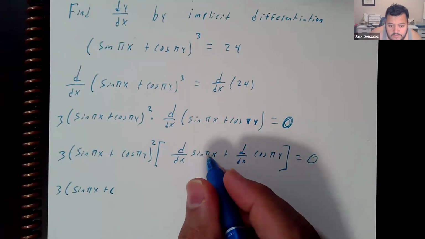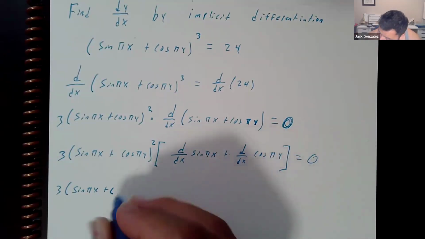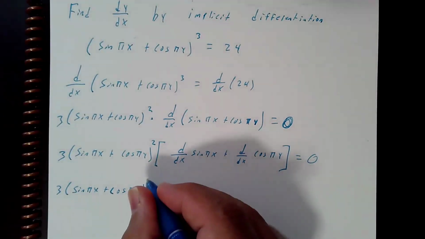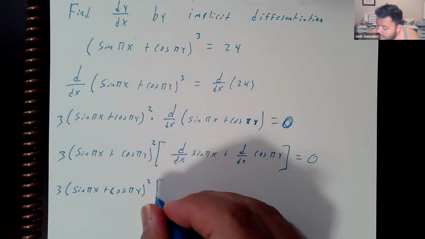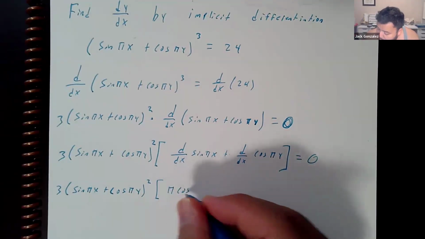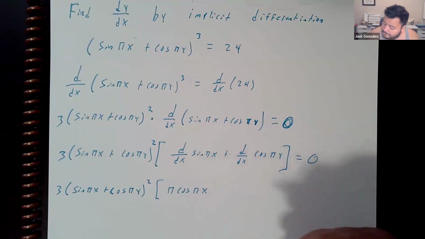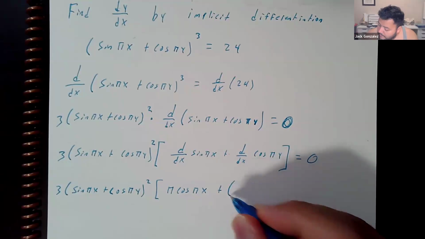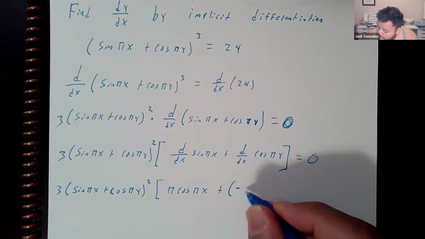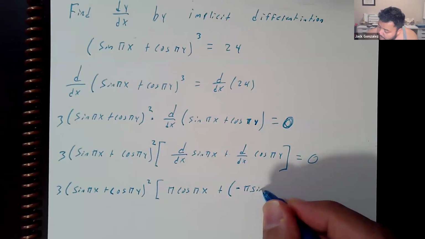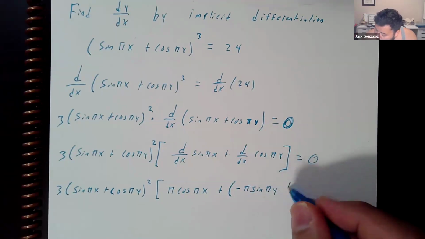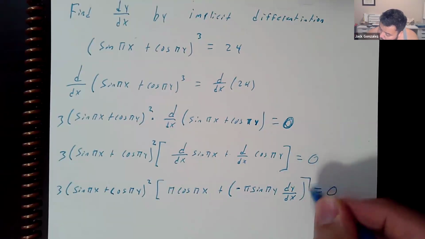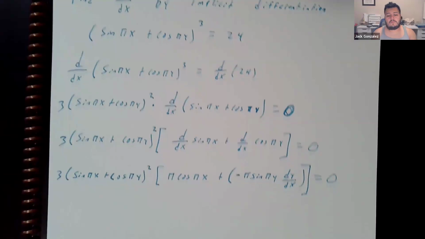Then it has that chain piece, right? Yep. It'll be pi cosine pi x, plus this will become negative pi sine pi y dy/dx. So there's the derivative.